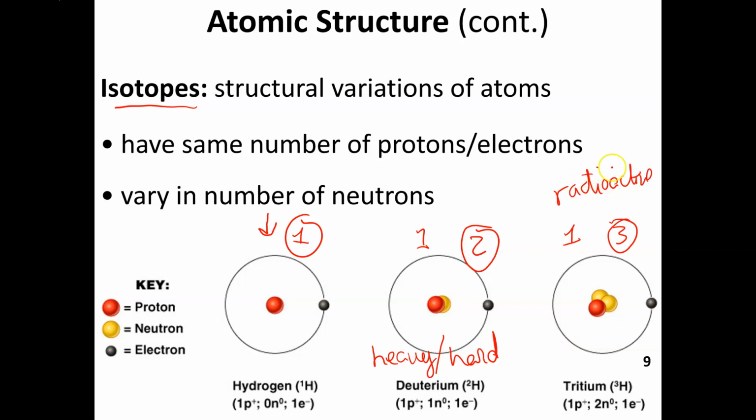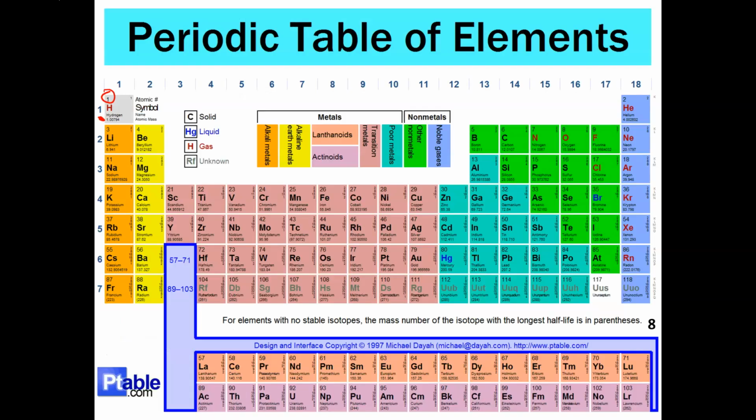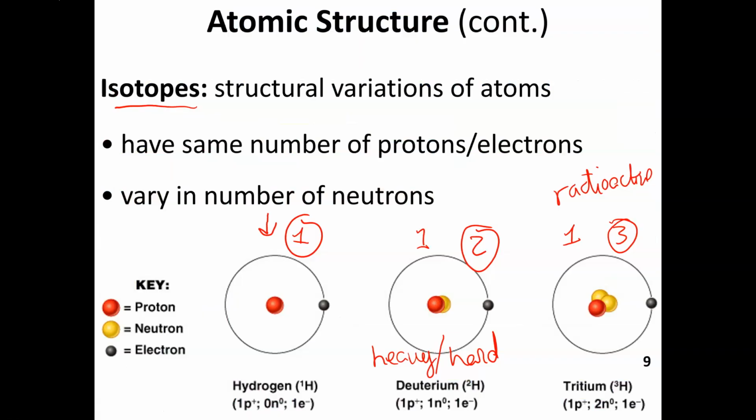All elements have a radioactive form. Tritium happens to be the radioactive form of hydrogen. But if we take the total number of regular hydrogen, deuterium, and tritium, and then get the average weight, you're going to have an average weight of 1.00794. So the average weight is going to be the weight of all the different isotopes of that atom around.